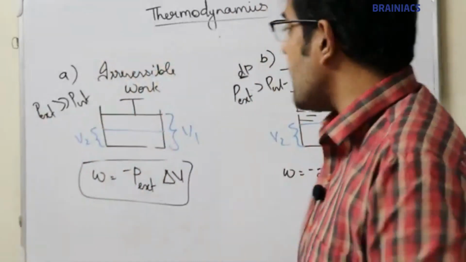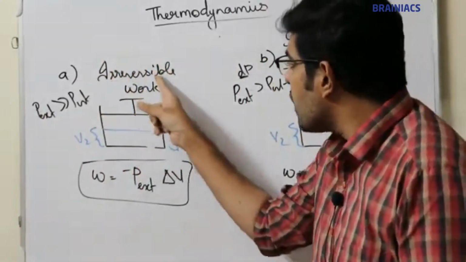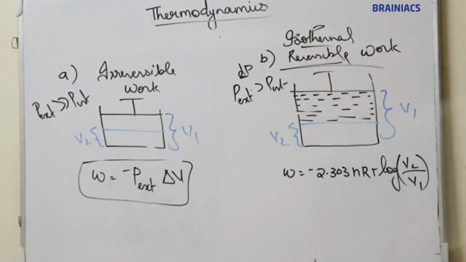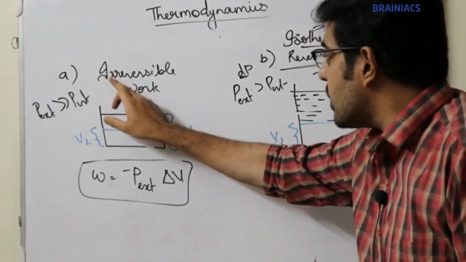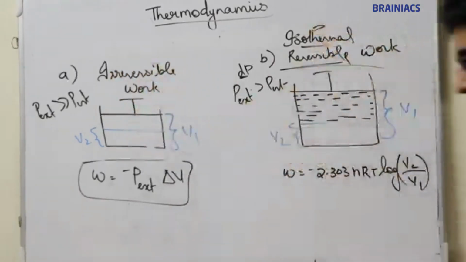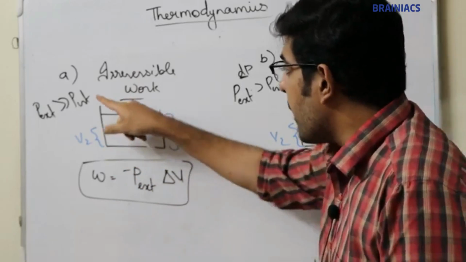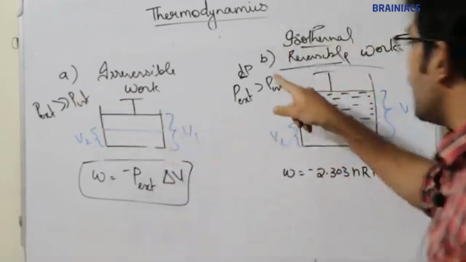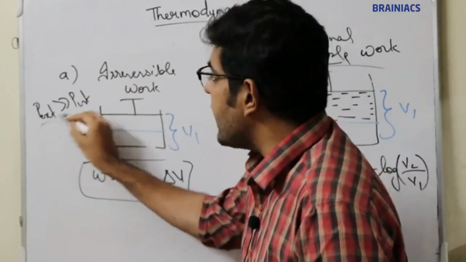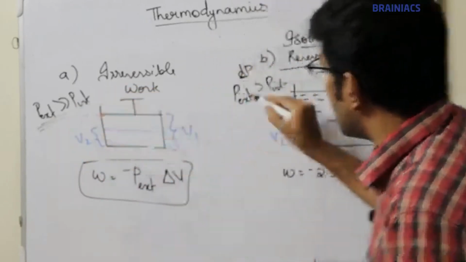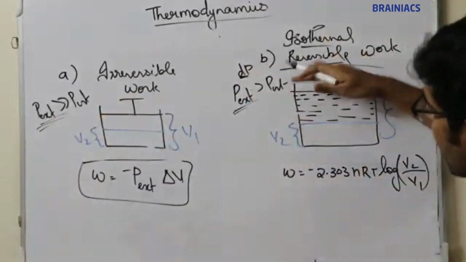Now, both in the case of irreversible work and reversible work, you can see pressure and volume change. Due to high external pressure, volume is changing.